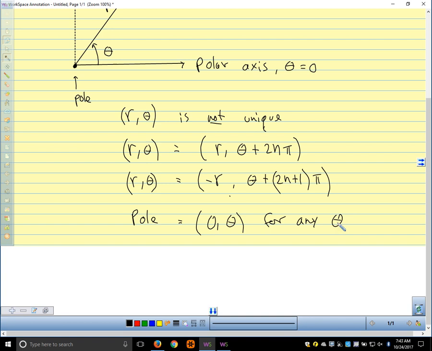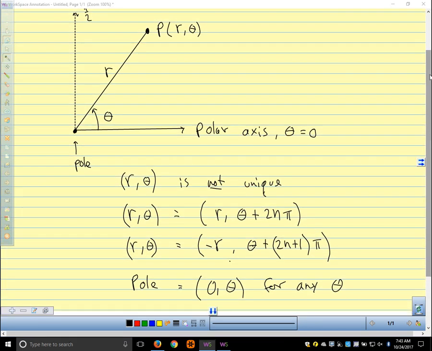So when we're analyzing curves, when we're looking for tangent lines, when we're looking for various things, we have to remember that anytime we're at r equals 0, we're at the pole. All right, questions on our setup here. This shouldn't be new material. Should be more or less review.